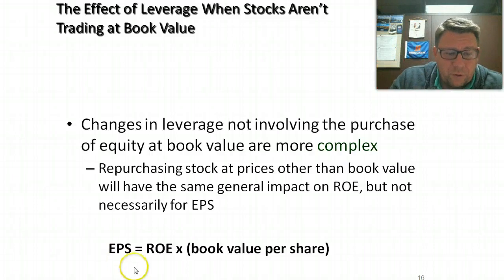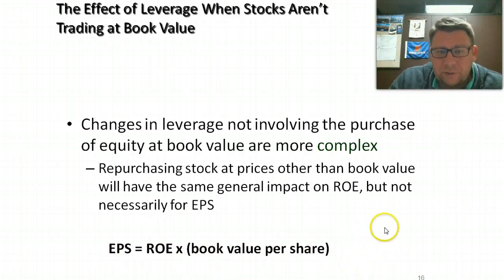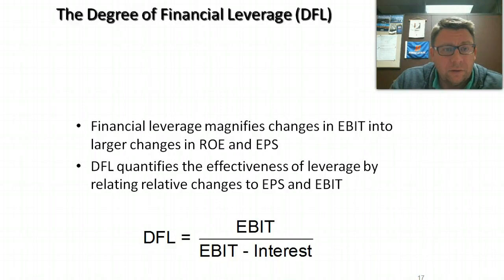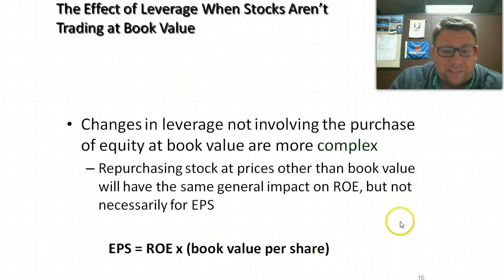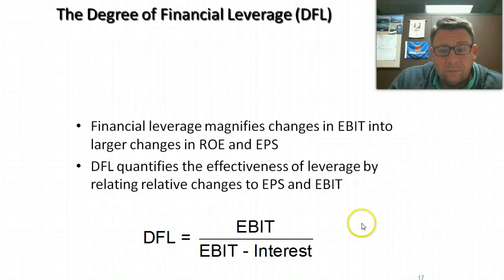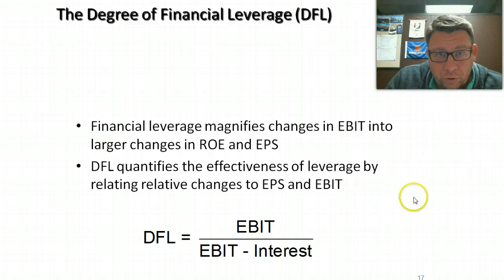You can see the formula here. Earnings per share is ROE multiplied by the book value per share. We don't really do anything with that. So if I had a little thing here, I'd write not that important. Then I would write here pretty important.